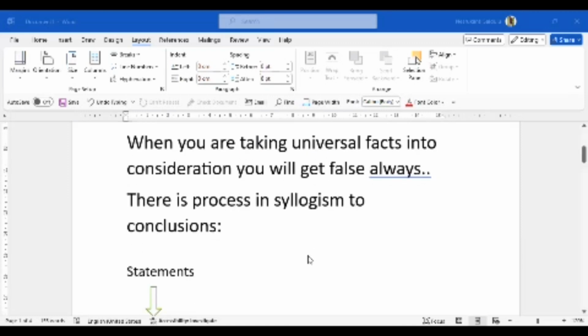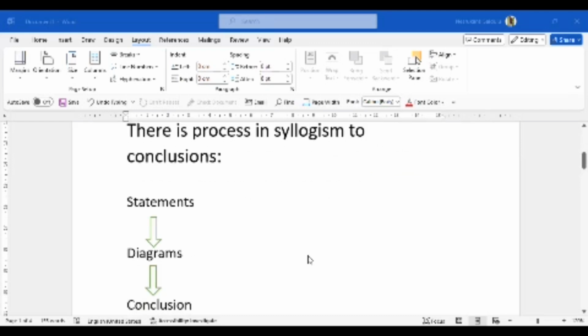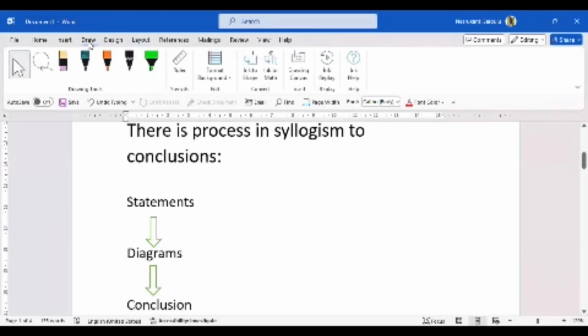There is a process in syllogism to conclude the answers. What is the process? First is the statement.